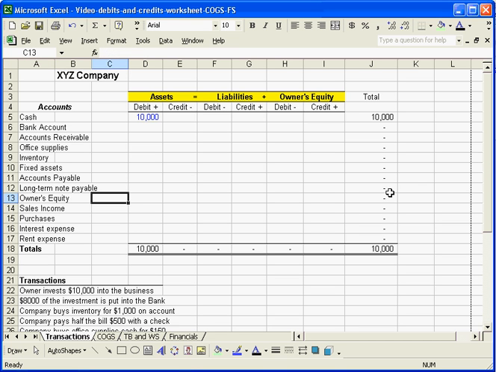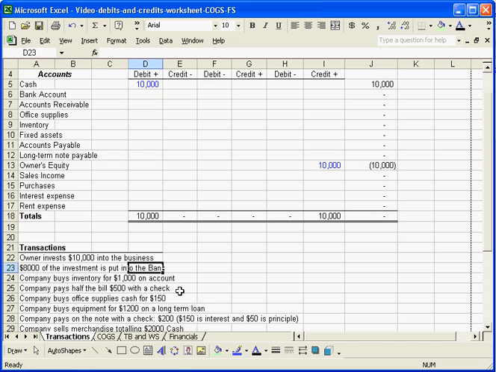The owner's equity is the capital that you as the owner have in the business. You're going to come not to the liability side, because this is not money owed, but to the owner's equity side, and you are going to put a credit, that is, that side is being increased also by $10,000. Okay, so now our proof here is 0, so we're good.